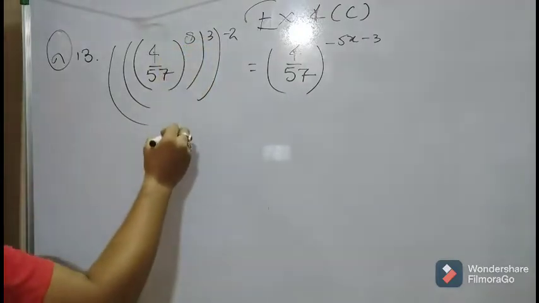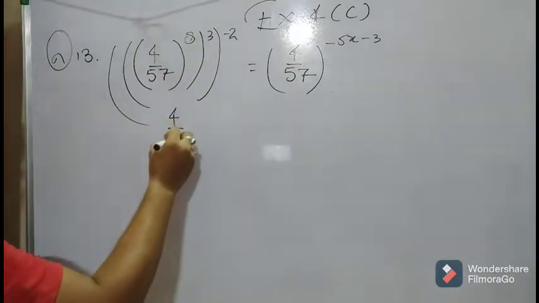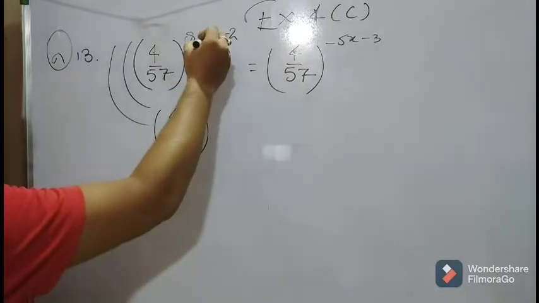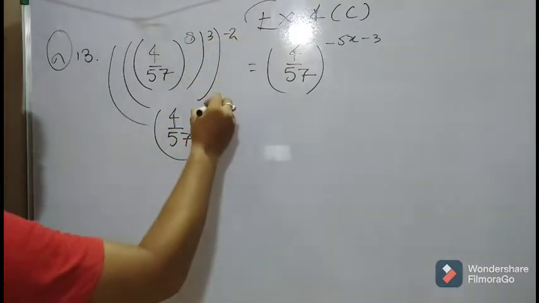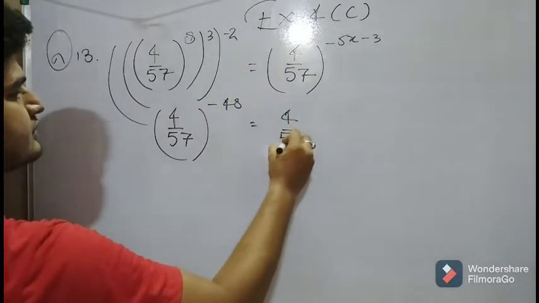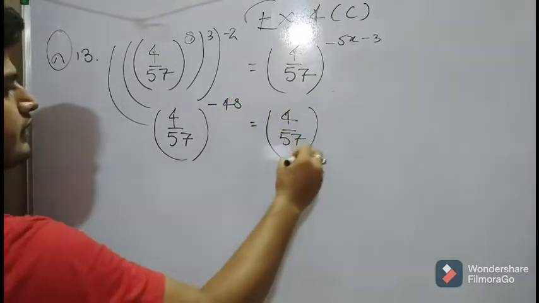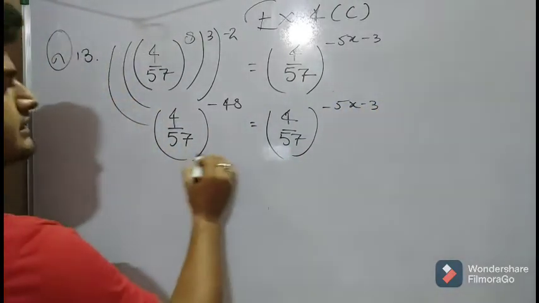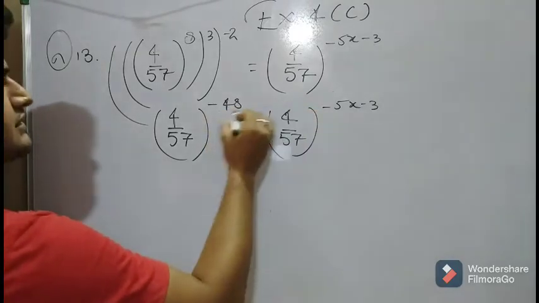So solve these powers, you will get 4 upon 57, 8 3s are 24, 24 2s are 48, so minus 48 is equal to 4 upon 57 raised to the power minus 5x minus 3. Now any two numbers can be the same only when their power is the same.